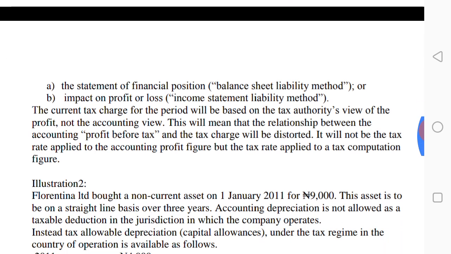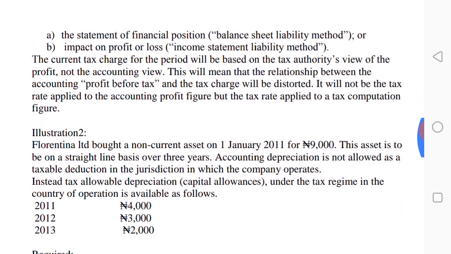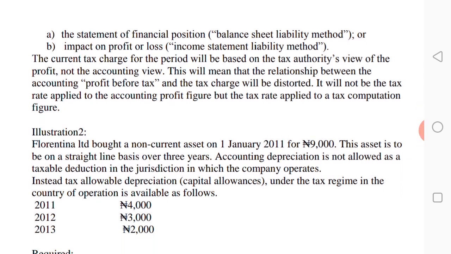From the perspective of the financial statement, you can look at the temporary difference and compute your deferred tax liability using the items of the financial position, which is the balance sheet, or items in the profit or loss. That means when we say items in the financial statement, we are talking about your assets and your liabilities.